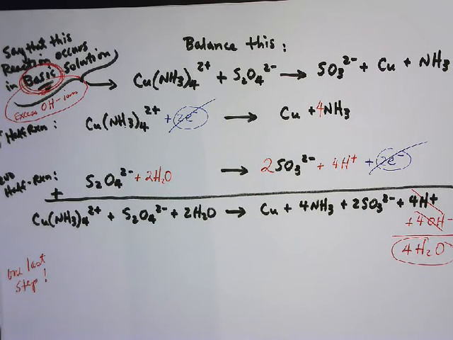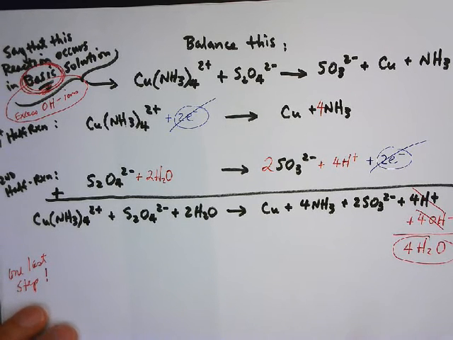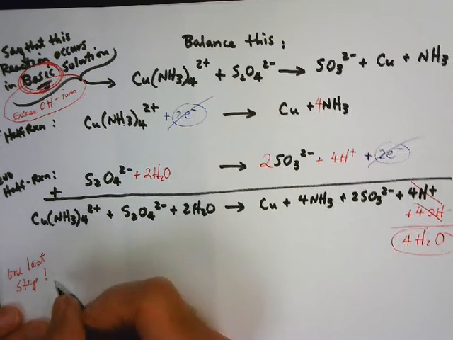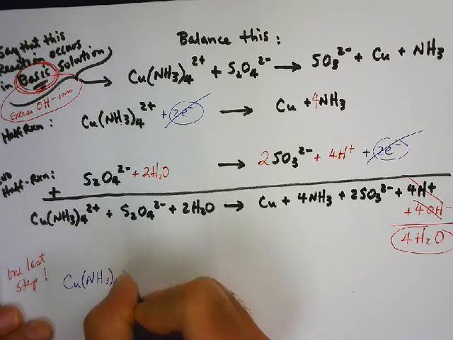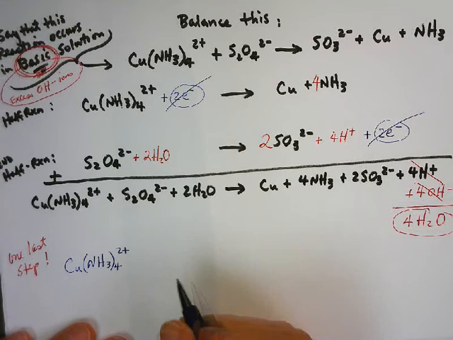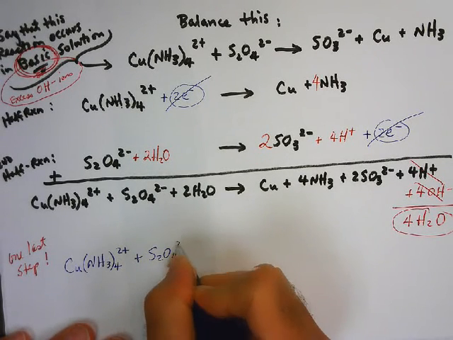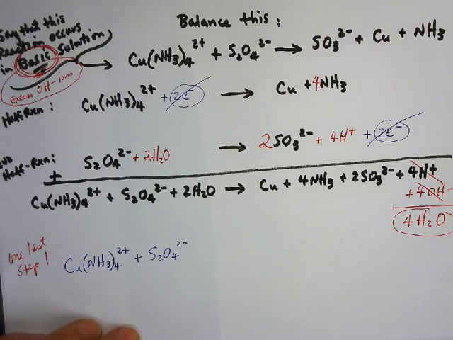See what happened? So now by doing that, let's see what our final result is. I'm just going to write out the final answer in blue. Cu(NH3)4 2+, plus this. Now I need to mention something here though.